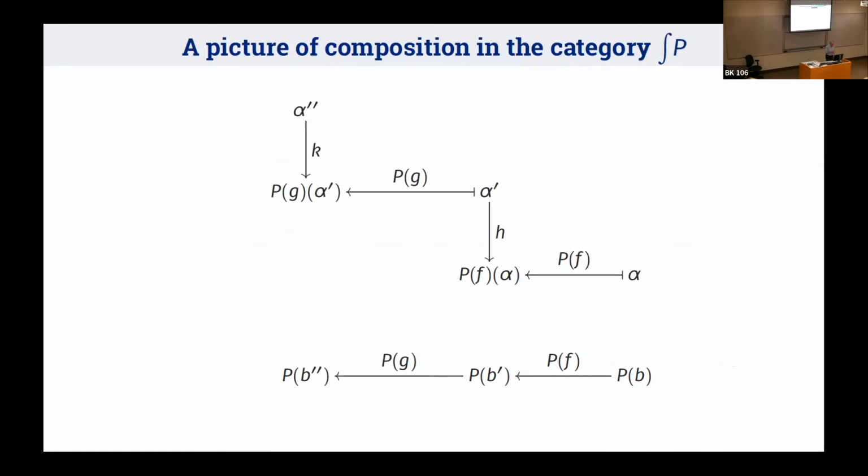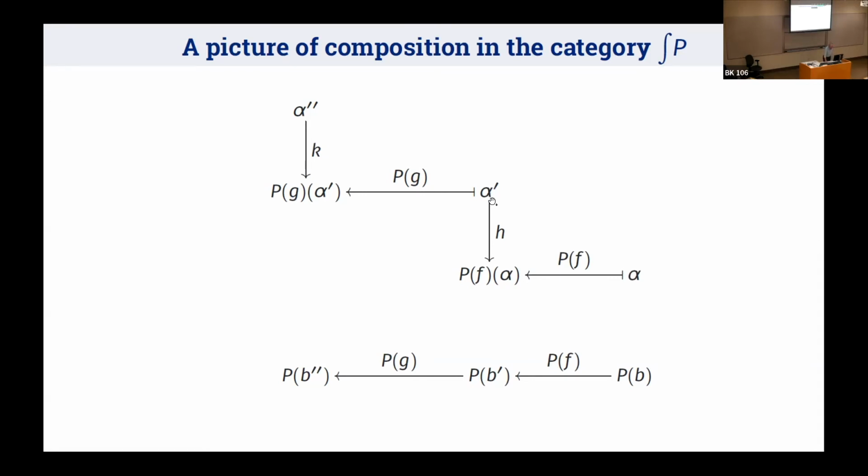In fact, I've tried to picture what a composition in a category is, so one can see that essentially the arrow from (B', alpha') to (B, alpha) is going down in the category P(B'), but going down to the object that is connected by F to the actual object where I wanted to end.